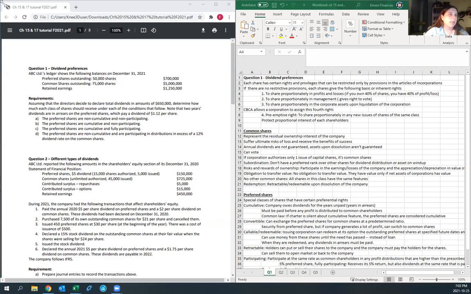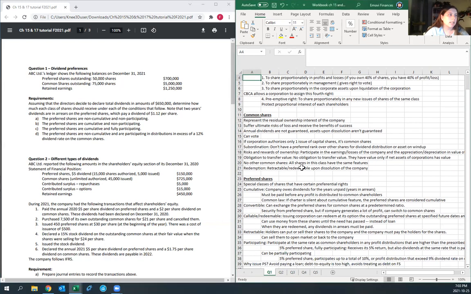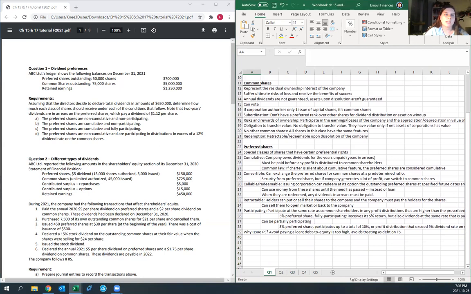Some characteristics of common shares: they represent the residual ownership interest of the company. They can suffer the most, and they receive the most benefit. What that means is that if there's a loss, they're not going to receive any dividends.